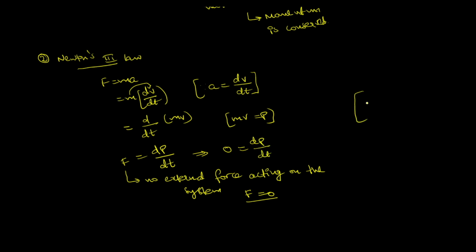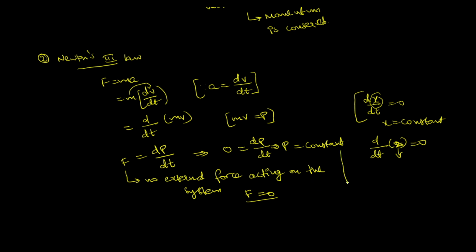As we know from mathematics, if dx by dt is equal to 0, then x is equal to constant. For example, if I take a constant value 2, d by dt of 2 is 0, because it is a constant. Similarly here, momentum p is constant. Constant means momentum is conserved.